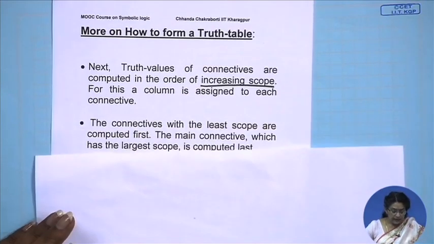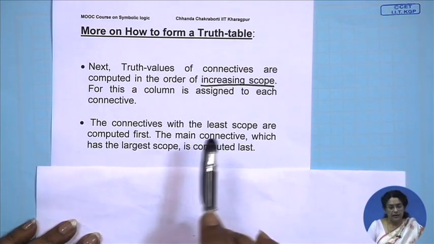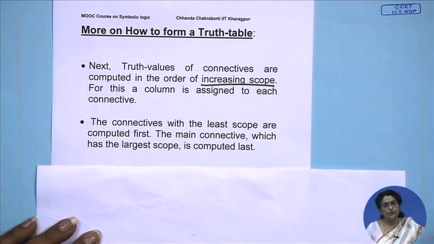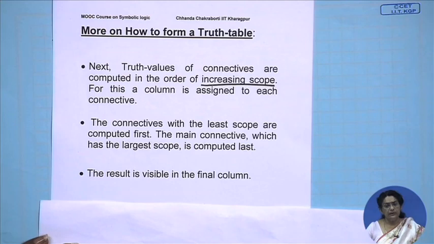So the connective with the least scope is done first and the connective with the maximum scope is done at the very end. Automatically you know the main connective is going to be computed at the very end. That is going to be your final column, and the result is to be visible in the final column itself.